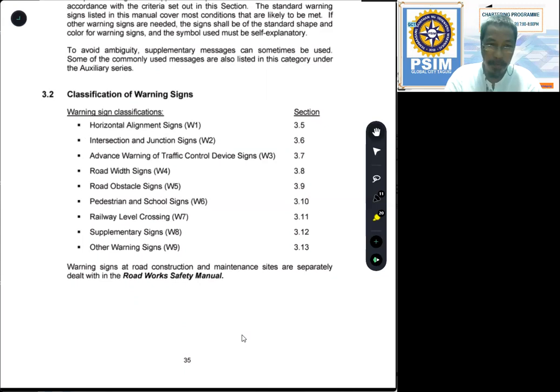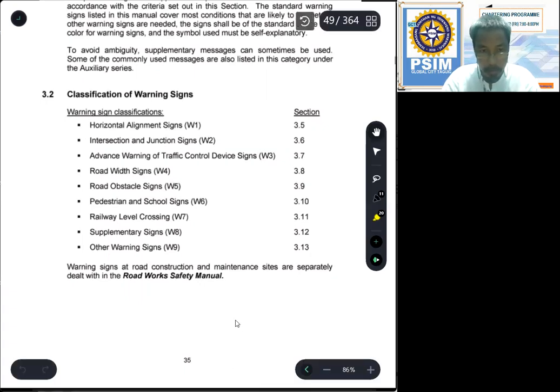School zone. And W7, railway level crossing. We have to warn, as there are several instances of accidents. Supplementary signs, W8, and other warning signs, all in W9 classification. So let us proceed.